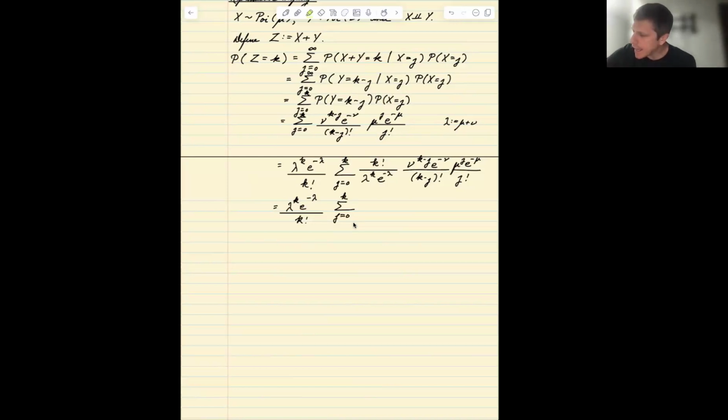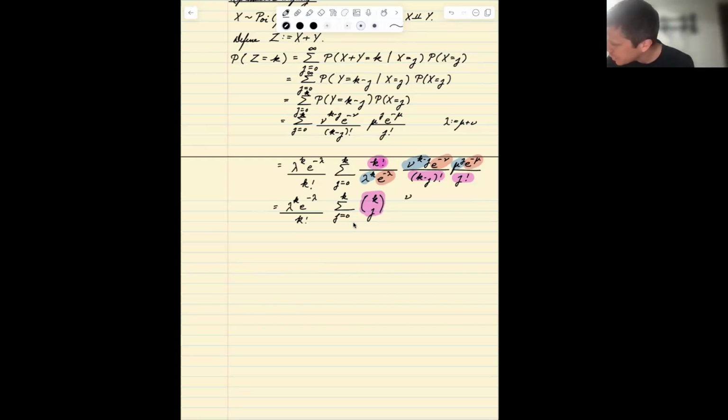So K factorial, K minus J factorial and J factorial, that is all together K choose J. E to the minus lambda cancels with these two. Nu to the K minus J, and in the denominator, we have K minus J and J. K minus J plus J is K in the denominator.